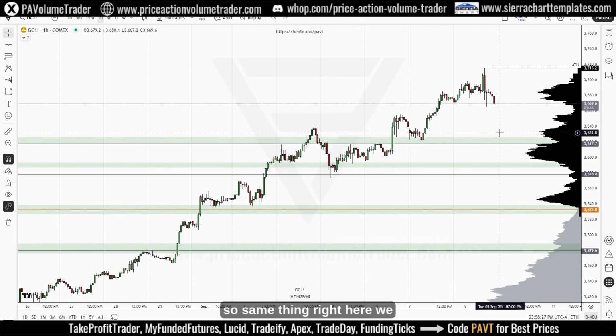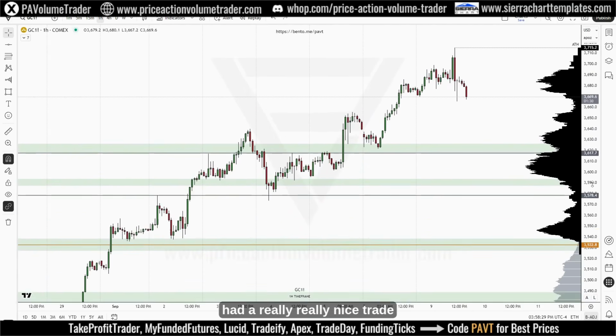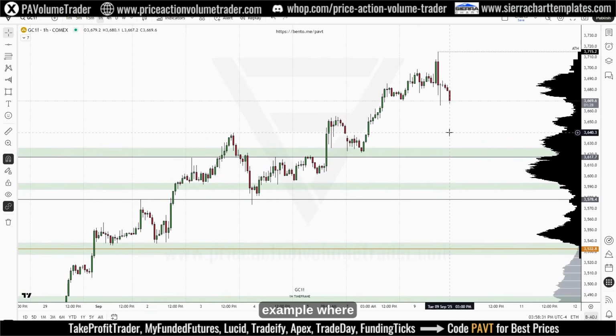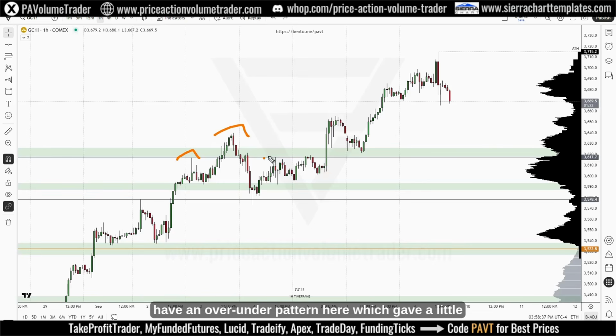So same thing. Right here we had a really nice trade example where price came up. We did have an over-under pattern here, which gave a little pullback, but then you can see price coming right back up.